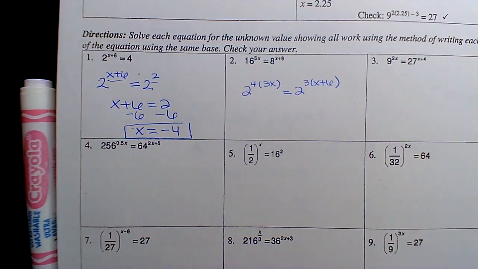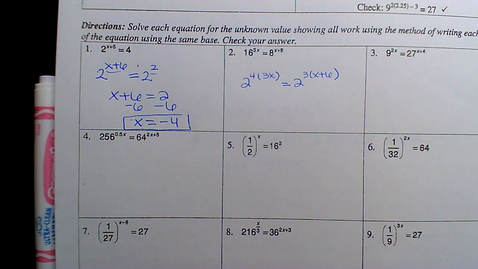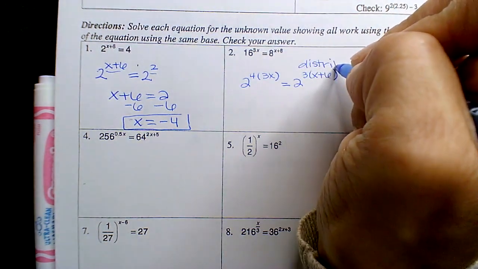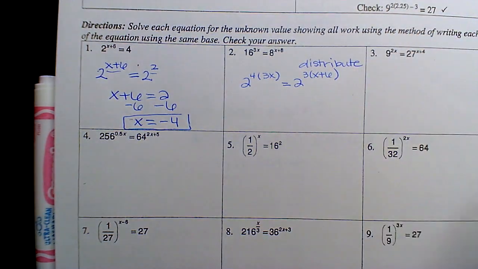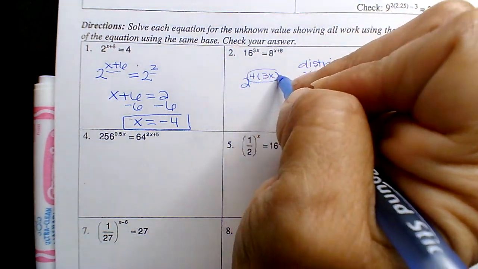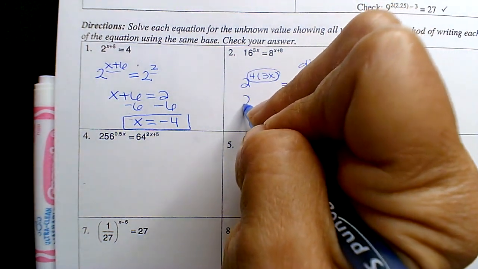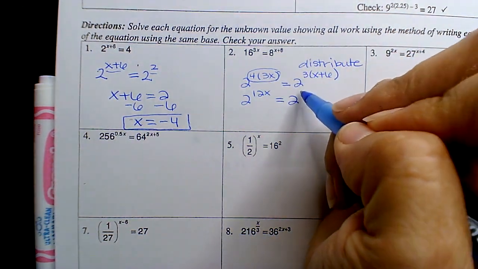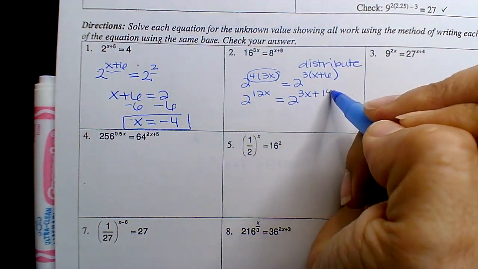And you just have to make sure, distributive property here, that you distribute here. Okay, so what's 4 times 3x? 12x. And then this is 2, and then this is 3x plus 18.